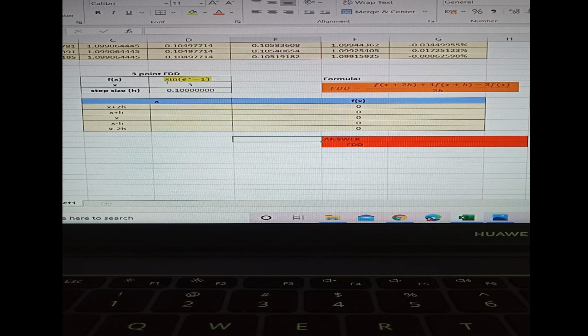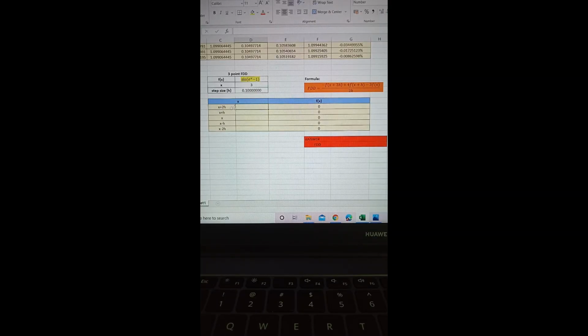Given f of x is equals to sin e raised to x minus 1 and x is 3 and step size is 0.1. And for FTD, ito po yung kailangan po natin gamitin na formula. And try this. Need to do is x plus 2h.